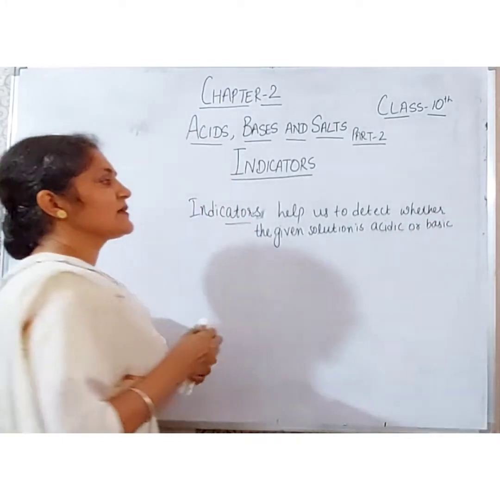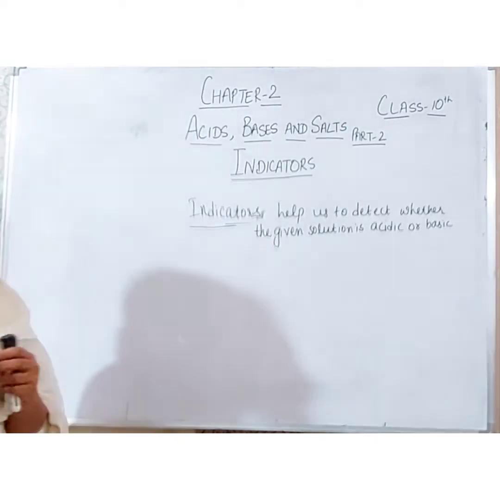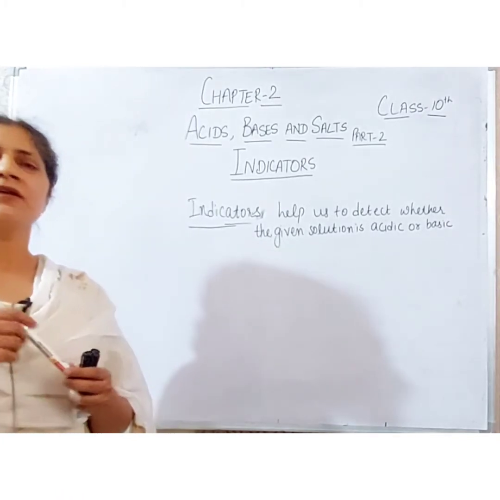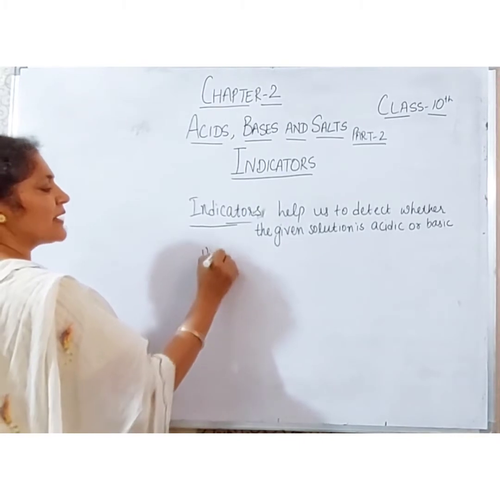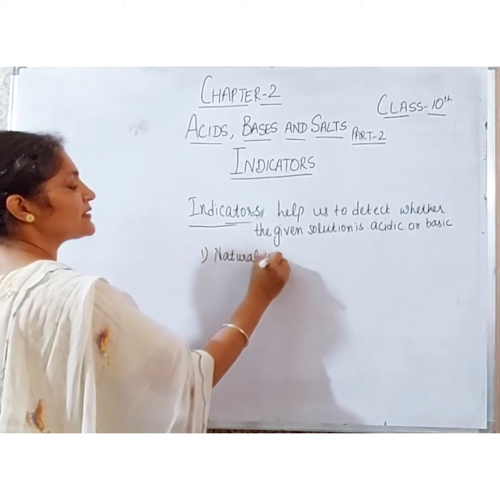Now students, these are known as the indicators which help us to detect whether the given solution is acidic or basic. Now indicators are of many types. First, we have got the natural indicators.